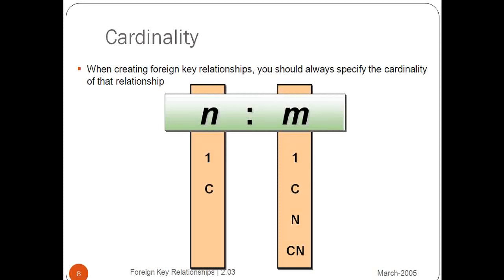What will C represent? C represents 0 or 1. So it could have 0 to 0, 1 to 0, 0 to 1, or 1 to 1. That means the next table should also have a 1 to 1 or 0 configuration. If it is N, it could be 1 or multiple. If it is CN, it could be 0, or it could be multiple. So this is what cardinality is.